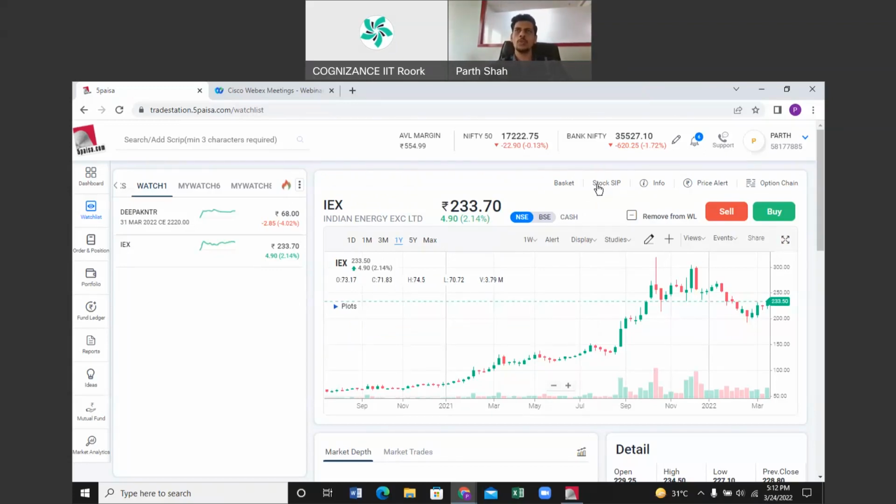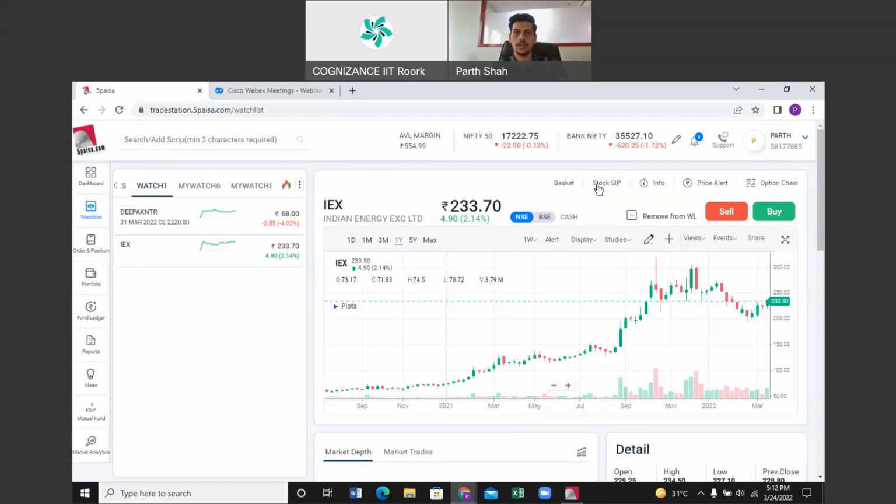For the investors who want to systematically invest into one particular stock on a particular time frame or at a particular frequency, Stock SIP is the product for you.